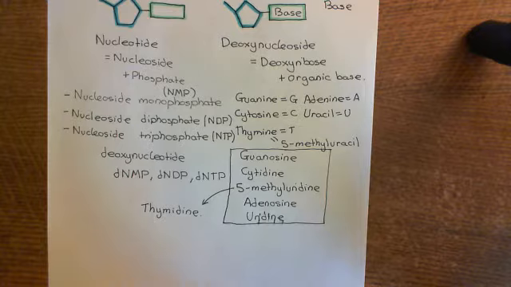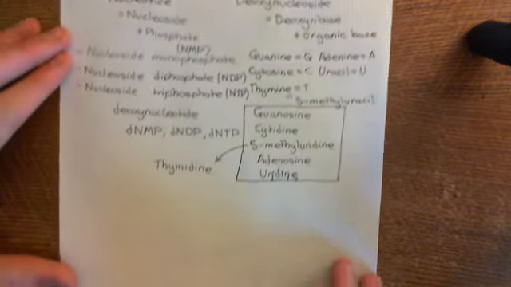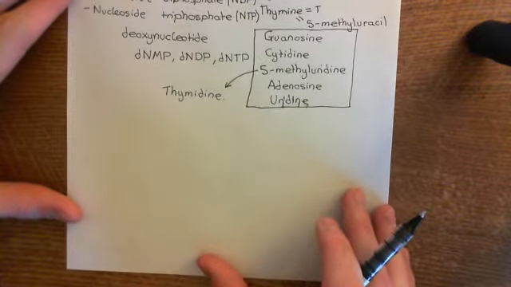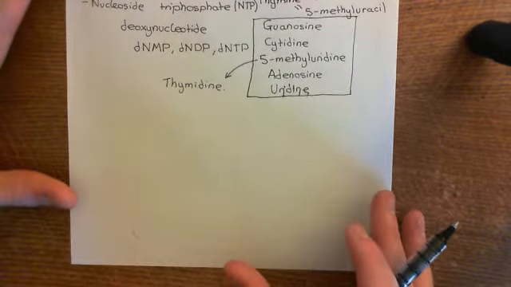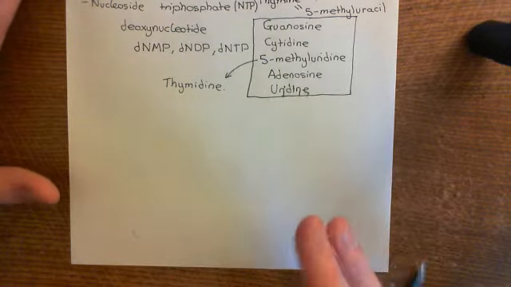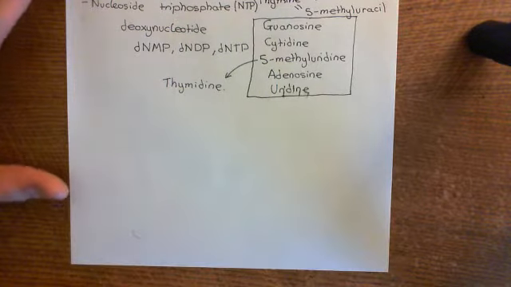So we now know how to handle the organic bases, the sugar it's bound to, whether deoxyribose or ribose, and the number of phosphate groups bound on. Now we want to talk about the structure of DNA, and then how you replicate DNA, and also how you produce mRNA.